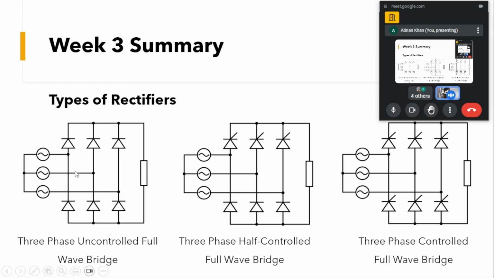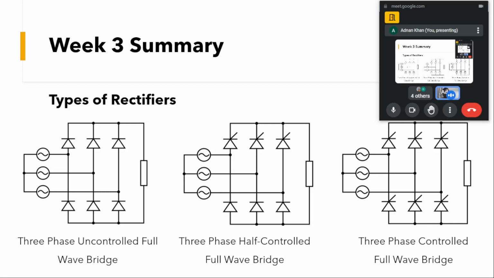The first picture is a three phase full wave rectifier. You can see all the devices used in the three legs are diodes, and that's why we don't have any control over them. This is an uncontrolled version, a three phase uncontrolled full wave rectifier.